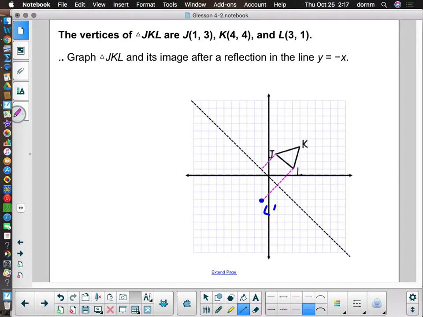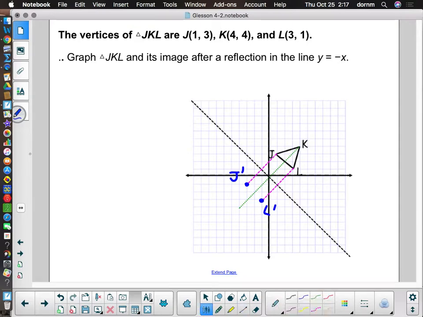J is exactly 2 boxes over, so 2 boxes over on the diagonal there. There's my J primed. Again, we're reflecting one point at a time. And K is 4 boxes over on the diagonal, so 4 boxes over on this diagonal.